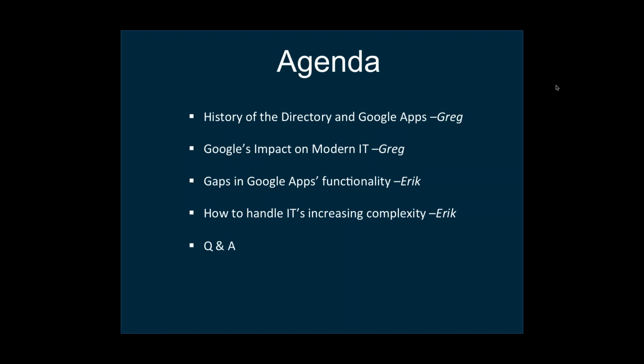We're going to talk about the histories of directories. We're then going to look at how Google changed the game, and I'm sure that the majority of people on this call have, in large part, intimacy with Google Apps, not only in their day-to-day use of the product within the enterprise, but quite frankly in how it's changed collaboration, etc.